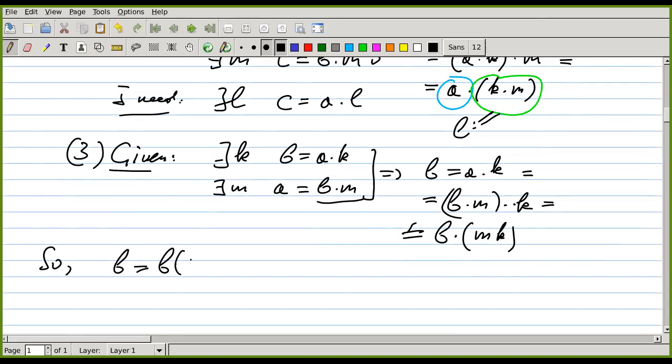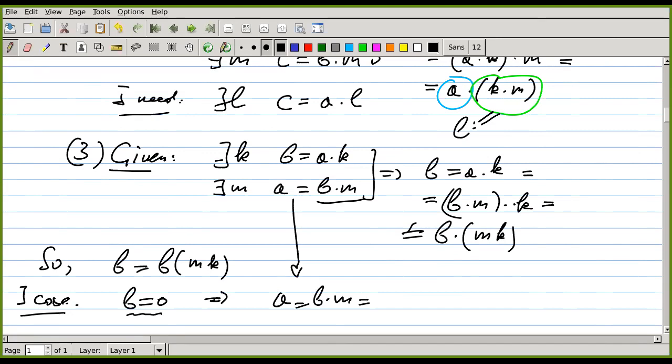We should divide by b. But is it always possible? No, if b is 0, we cannot. So we have two cases. Our first case is as follows: when b equals 0. But if b equals 0, then you know a equals b multiplied by m, so this product equals 0 as well.